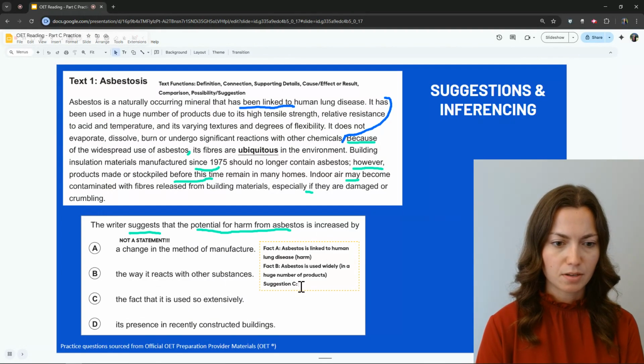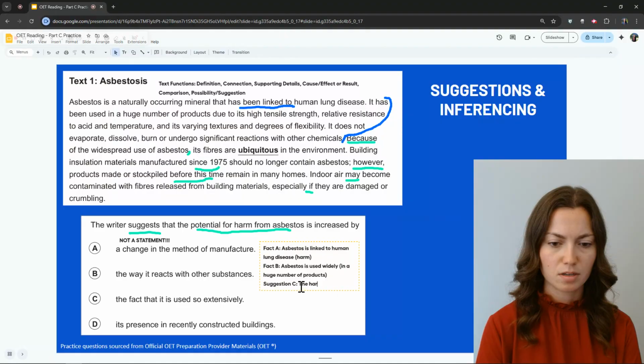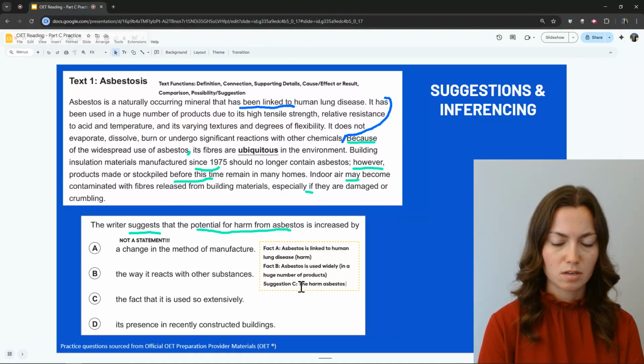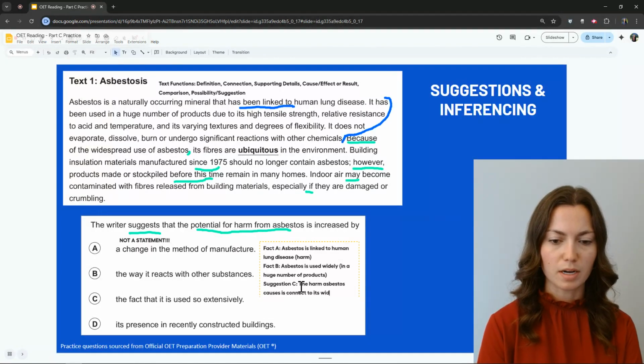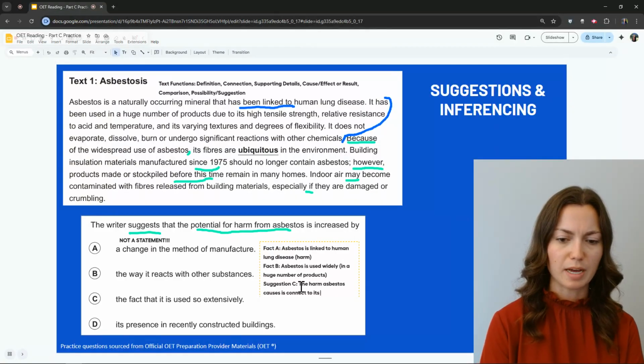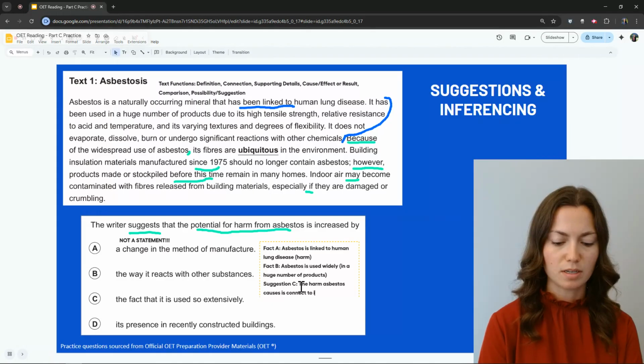So something like, we could say something like the harm asbestos causes is connected to its widespread, or why don't we stick with the word we have, connected to its use in a huge number of products.